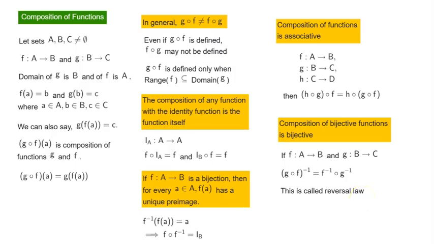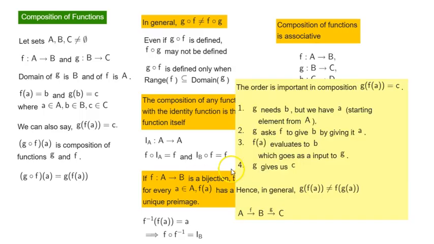Remember, I mentioned that the order matters when we are composing functions. So the order is important in composition. Let's say g of f of a is equal to c. Now look at this. What does g need? g's domain is the set B. That means it needs an element from the set B. So g needs b. But what do we have as of now?